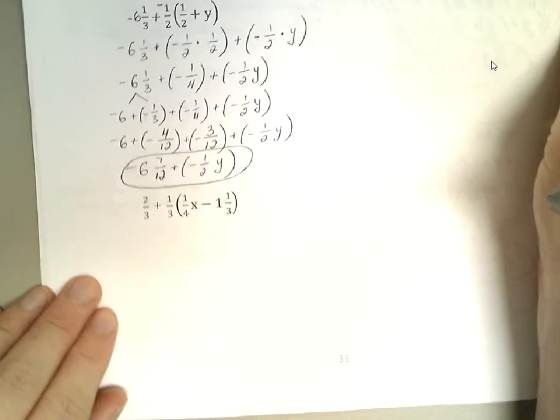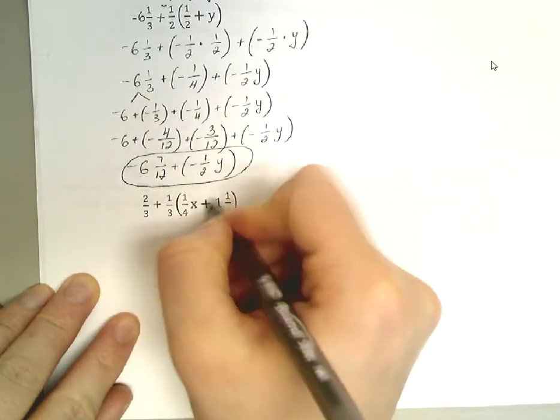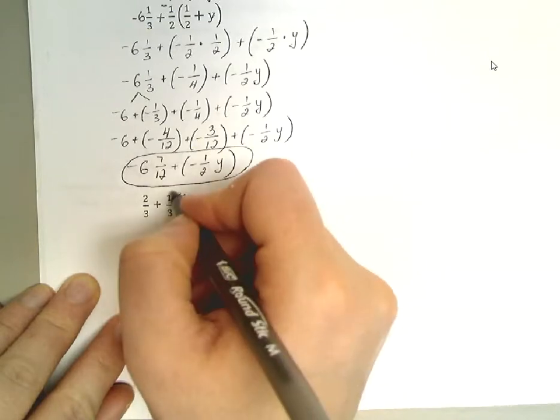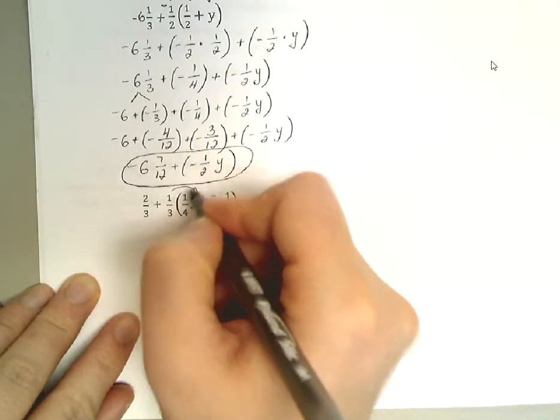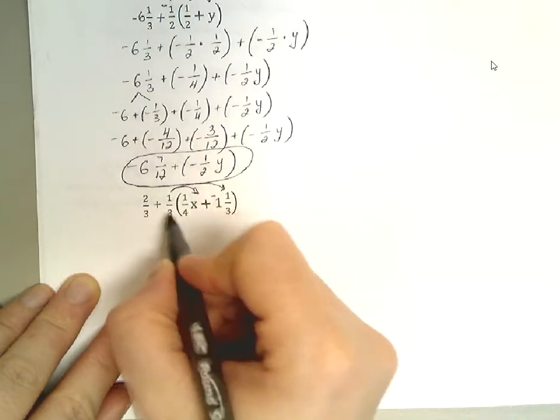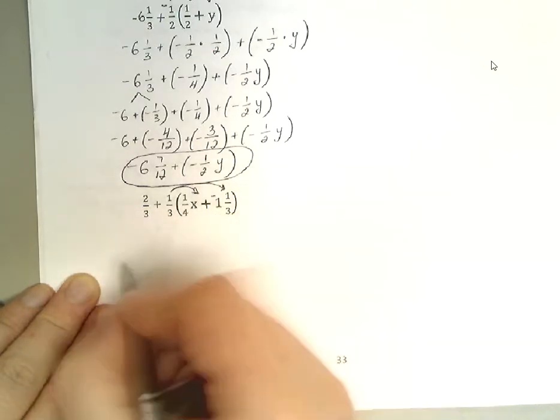Next number is exactly the same. So first I'm changing subtraction into addition of the opposite, and then I'm multiplying using distributive property first before I start adding. So 1/3 I'm multiplying by 1/4 x, and 1/3 I'm multiplying by negative 1 and 1/3, and then I will add 2/3.